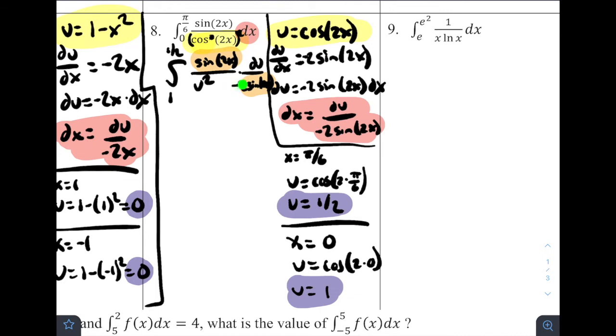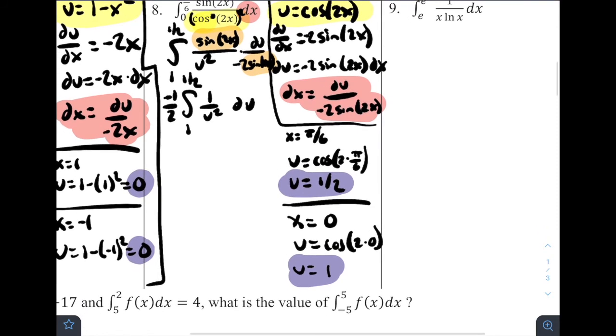I'm left with this negative 2 in the denominator, which I'm going to pull outside in front as a coefficient, like a negative 1/2. So I have negative 1/2 times the integral from 1 to 1/2 of 1 over u squared du.